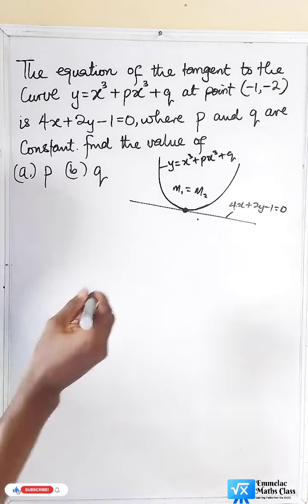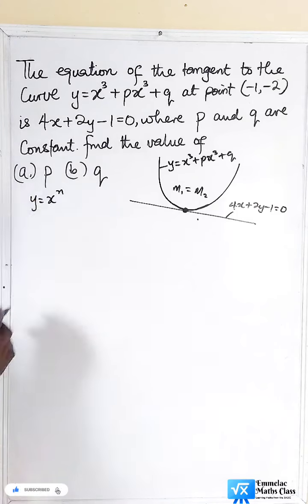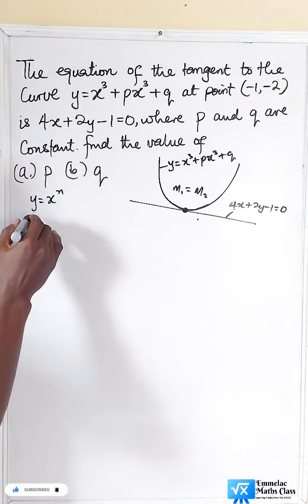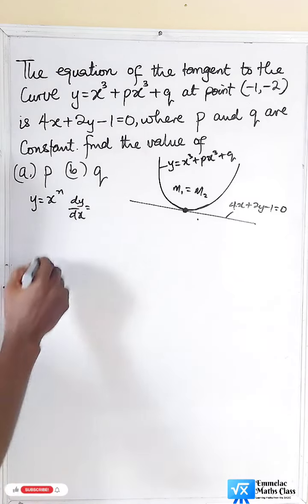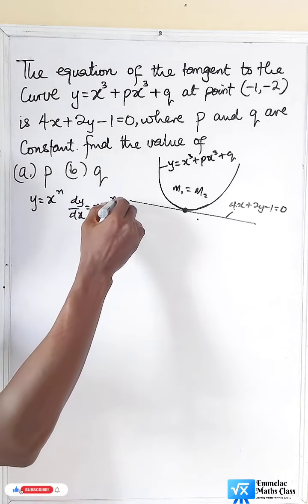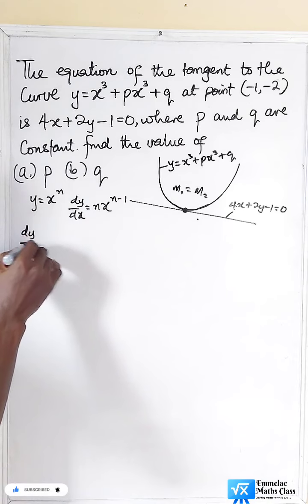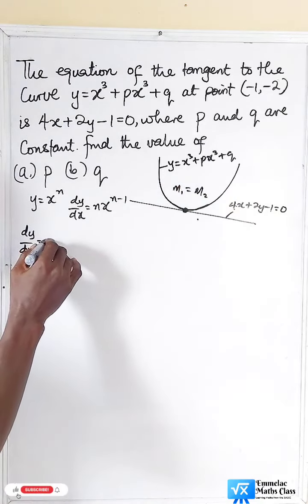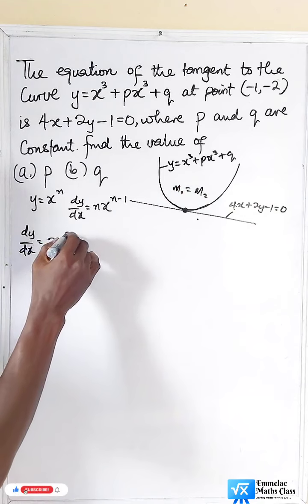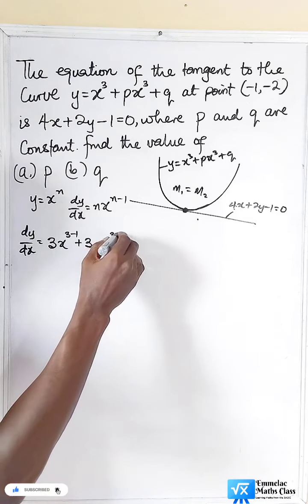Let us take note that according to differentiation, if you have a function, differentiating y with respect to x, dy/dx will give us nx to the power of n minus 1. So dy/dx of this curve will be 3x raised to the power of 3 minus 1, plus 3px raised to the power of 3 minus 1.